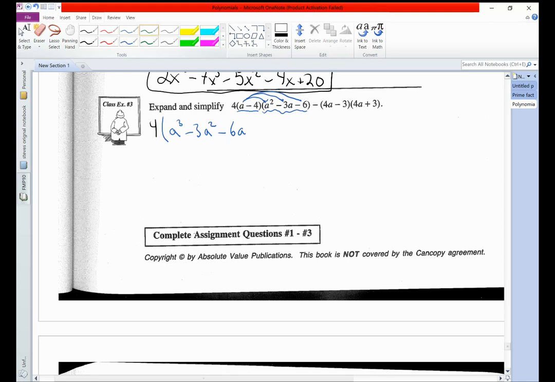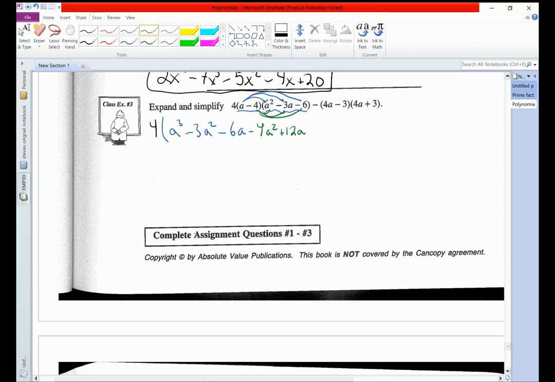Then I'm going to multiply this negative 4 into that trinomial, to everything in that trinomial. So negative 4 multiplied by a squared is negative 4a squared. Negative 4 multiplied by negative 3a is positive 12a.